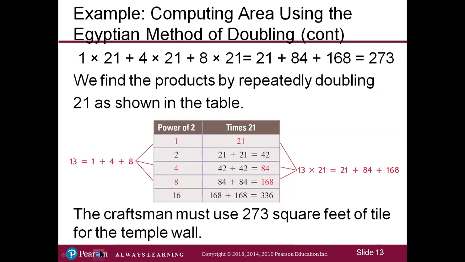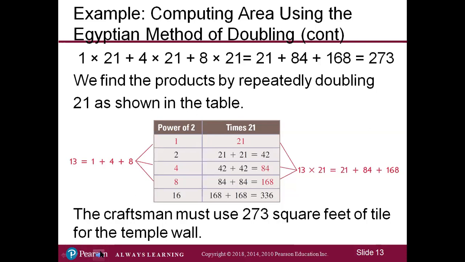We find the products by repeatedly doubling 21 as shown in the table. So 21 doubled is 42, doubled is 84, doubled is 168, doubled is 336.